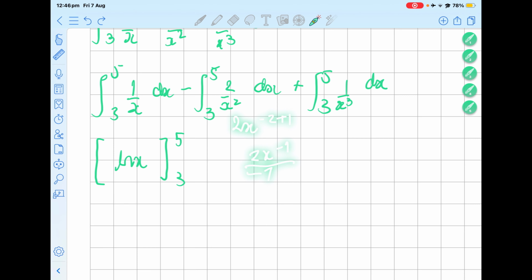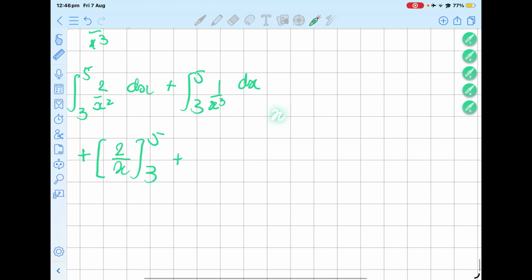Basically the minus disappears, so it's 2 over x from 3 to 5, and then this is x to the minus 3 plus 1, minus 2, and then minus 2 over 2, so that's minus half into 1 over x squared, from 3 to 5, because you divide by 2 and then by x squared, so minus 1 over 2x squared, and then you have to subtract the values.